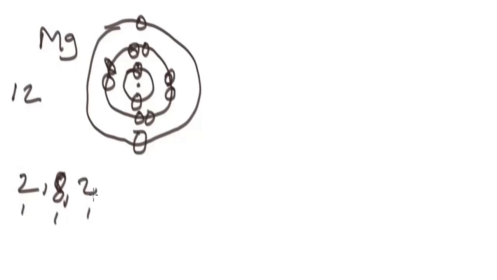The number in the last shell of the electronic distribution is usually the group. So the number in the third shell, which is the last shell, being 2, is the group. The group of magnesium is group 2.